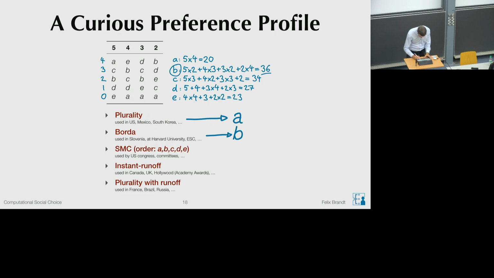So first we compare alternative A with alternative B. Then the winner of this is compared with alternative C. And then the winner of this is compared with alternative D. And finally, the winner of this is compared with alternative E, all pairwise majority comparisons.